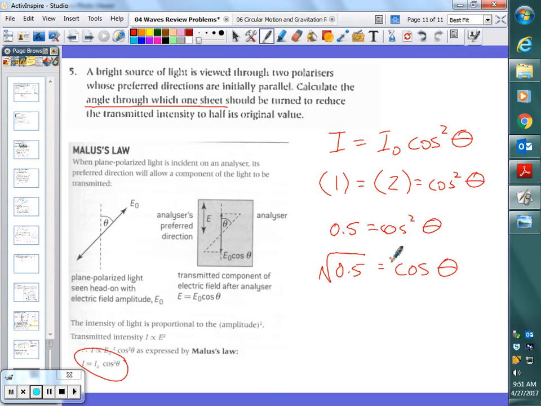And then we need to solve for theta, so we're going to take the inverse cosine of both sides. Wait, what's the 2? It says 1 equals 2 equals cosine in the second line. I was just a little confused.